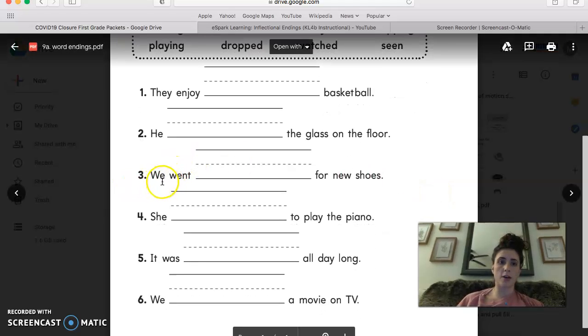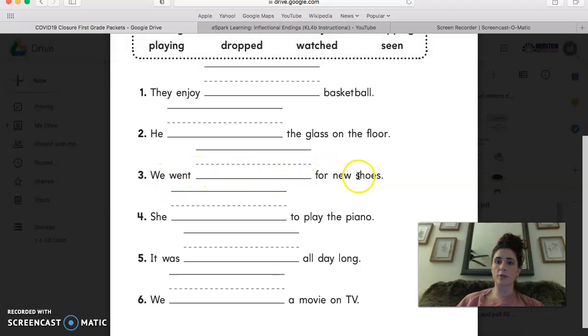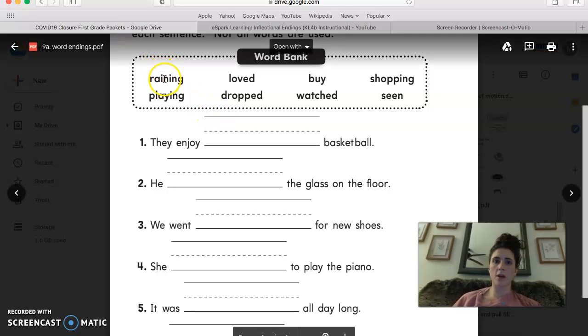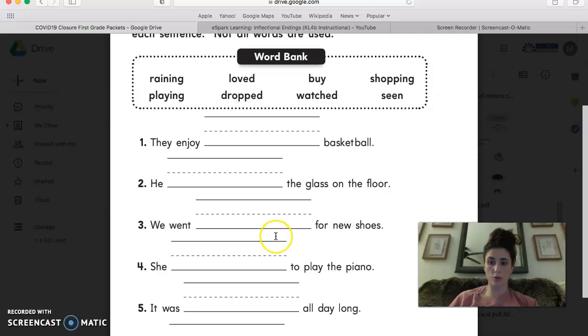Number 3, we went blank for new shoes. I'll read them one more time. Raining, playing, loved, dropped, by, watched, shopping, seen. Number 3, we went blank for new shoes.